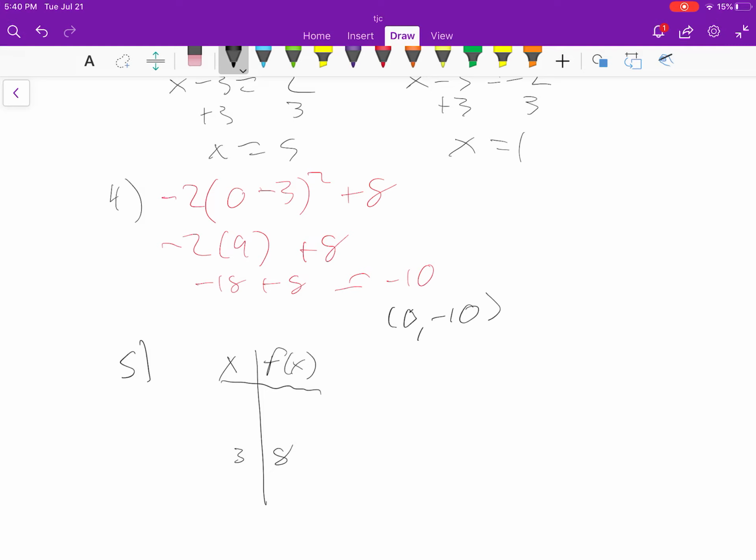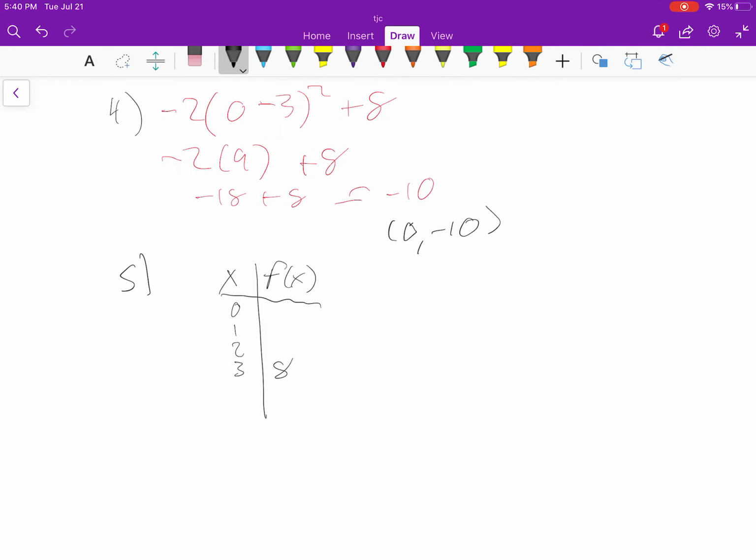And then I'm going to go down a couple units: 2, 1, 0. And then up the same amount: 4, 5, 6. That will give me a broad range. And because I'm centering it with the vertex, we know it's symmetric. So whatever the 2 is, the 4 is going to be also. So we only have to plug in half the numbers.